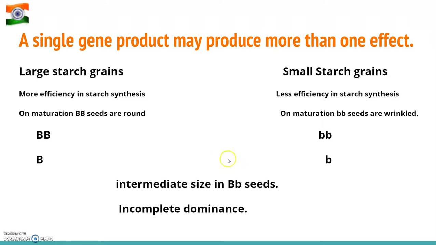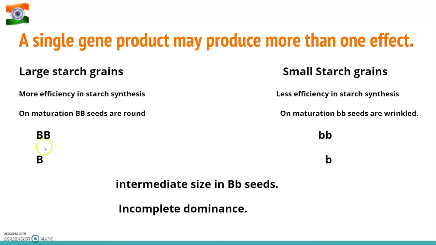Starch is synthesized effectively when the homozygous condition for capital B is there, the BB homozygotes, and therefore large starch grains are produced. In contrast, when the small b combination is there, the bb homozygotes have less efficiency in starch synthesis.